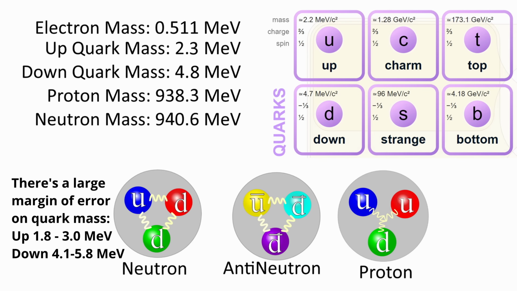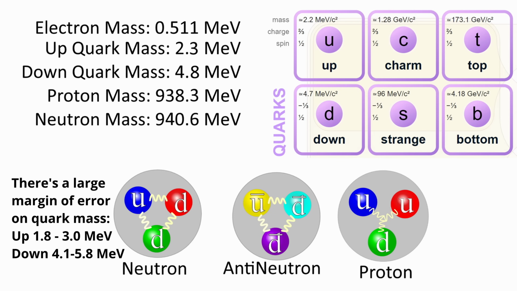Protons are 2 up quarks and 1 down quark, neutrons are 2 down quarks and 1 up, so you expect the neutron to weigh a couple MeV more, and that is the case, except you expect they weigh something like 10 MeV from that. And in reality, a proton is 938.3 MeV, and the neutron is 940.6 MeV, around 100 times more massive than we were expecting.